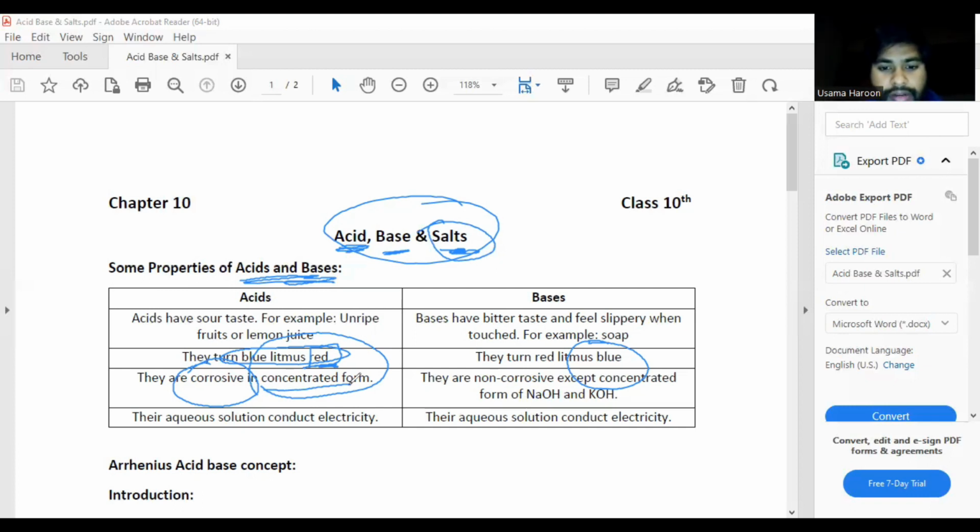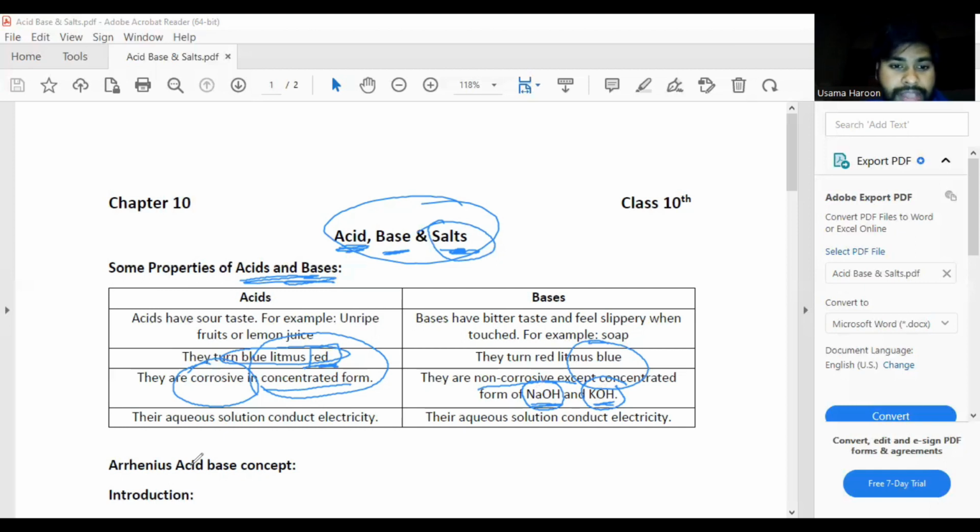On the contrary, if we talk about bases, the bases are non-corrosive except for the concentrated forms of NaOH and KOH. These two bases are corrosive in nature, and the rest of the bases are non-corrosive. The last and final property of acids and bases is that their aqueous solutions can conduct electricity.